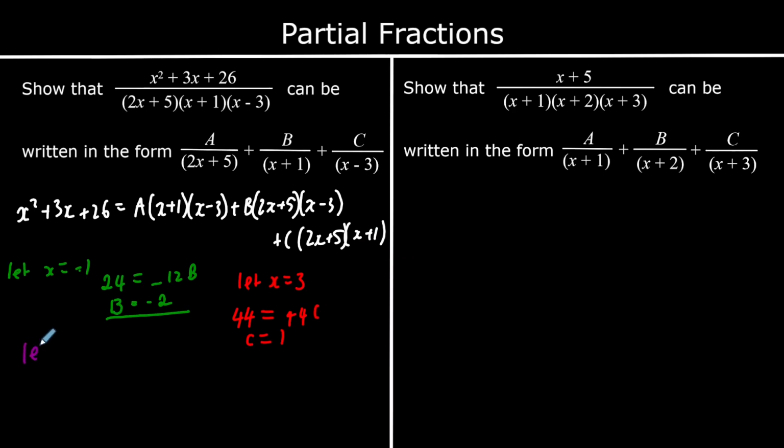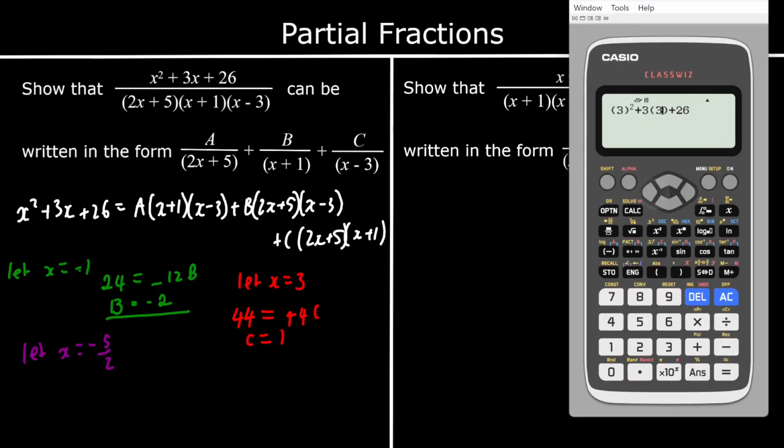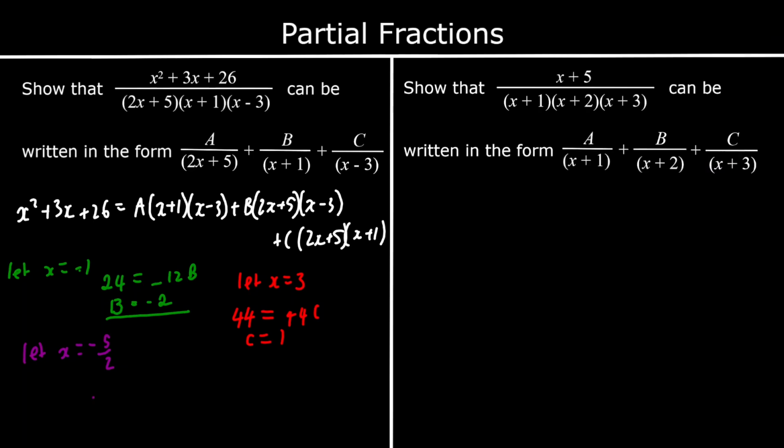And then if we let x equal negative 2.5, negative 5 over 2, we get 99 over 4. That eliminates b and c.